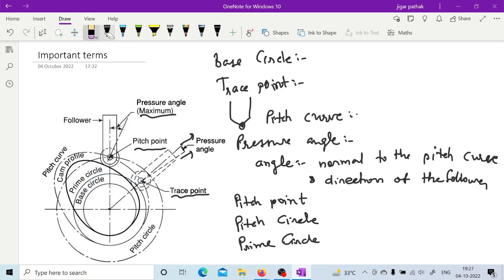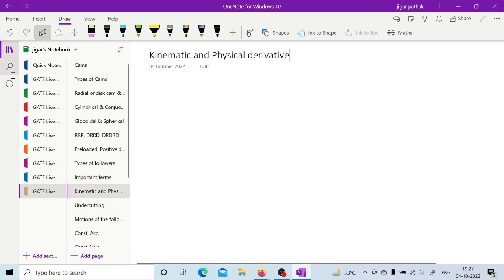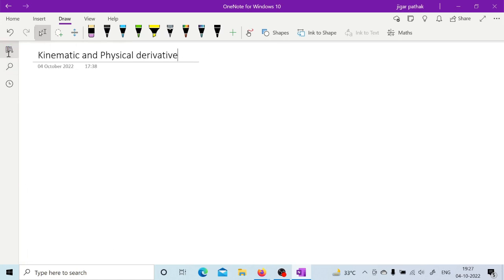Okay, so now let us move forward. So here, kinematic and physical derivatives. As you know, these are different derivatives for defining geometry and motion of the follower.